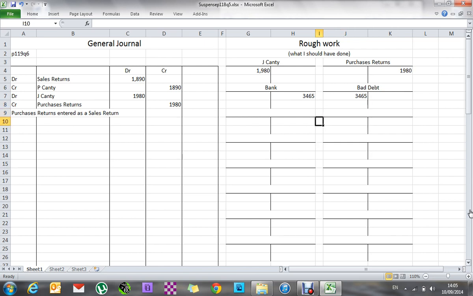So that was the only entry that was made, so I'll go and do that straight in here. So we'll have bank 3465, and that's going to be on the credit side, and then we have a debit of bad debts, and that's going to be 3465. And I'm just going to write dishonouring.